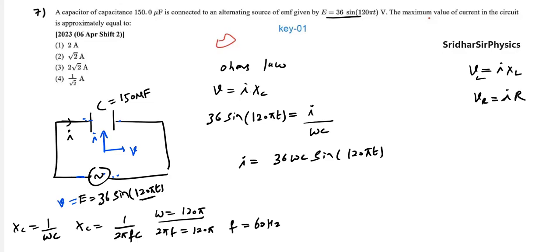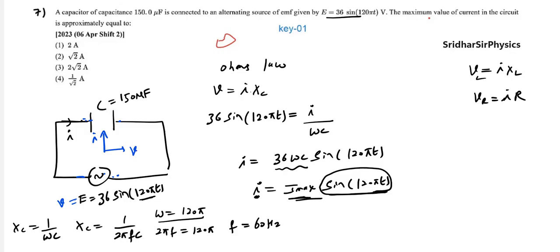Which value here is the maximum? This quantity we call the maximum, no? Because when sin 120 pi t becomes equal to 1, then the current flowing is the maximum current.